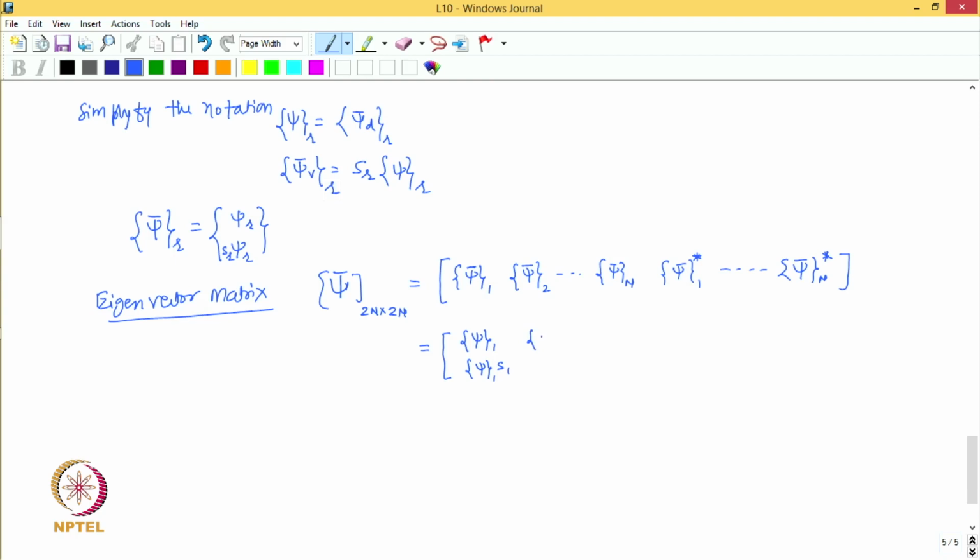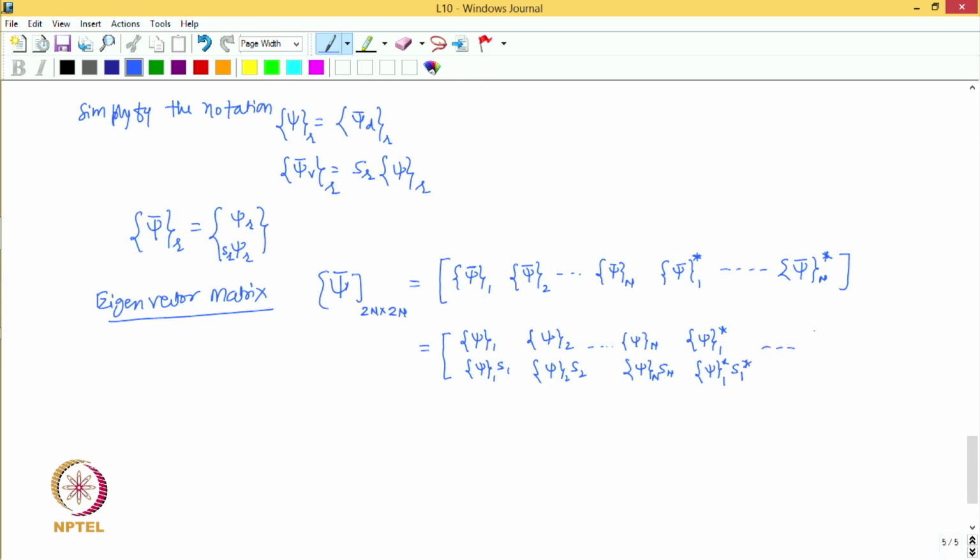The next one we write as psi 2 and psi 2 S2, so this goes up to psi n and psi n Sn, and then the complex conjugate can be similarly written as psi 1 complex conjugate and psi 1 complex conjugate multiplied by the complex conjugate eigenvalue, right.